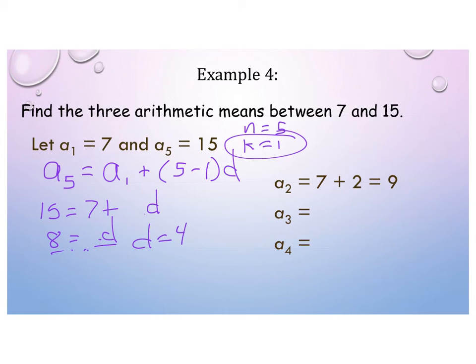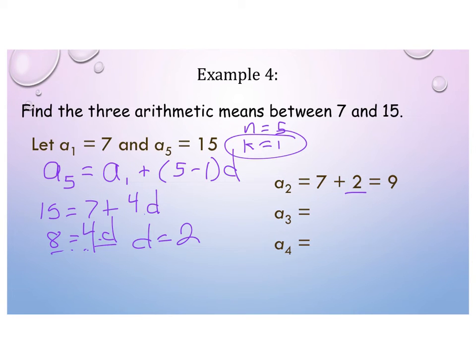I still subtract the 7 and get 8, but now 5 minus 1 is 4. When I divide both sides by 4, 8 divided by 4 is not 4, it's 2. There we go. That's what it was supposed to be. I apologize. That's why I have a 2 right there.